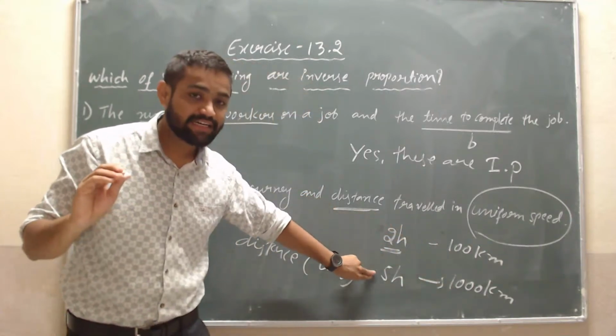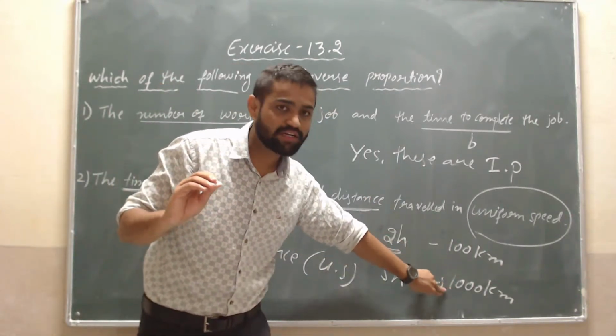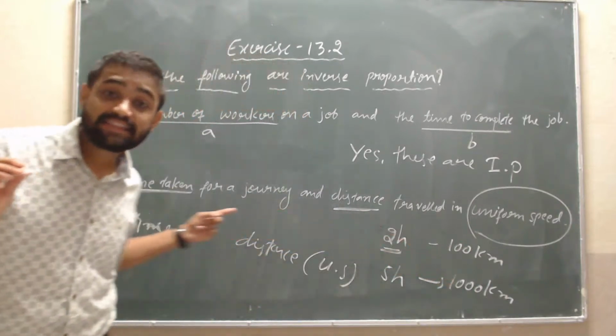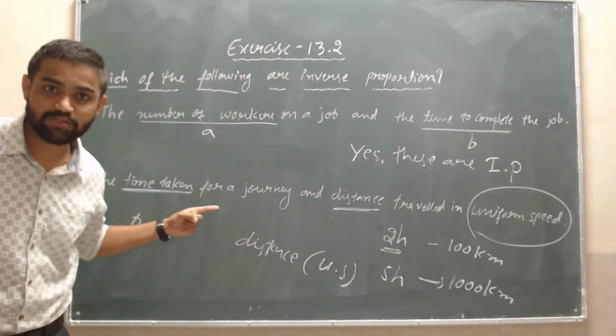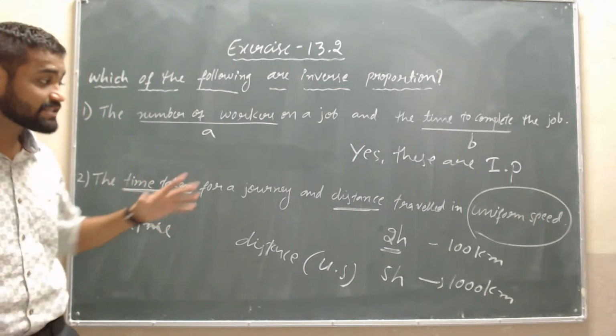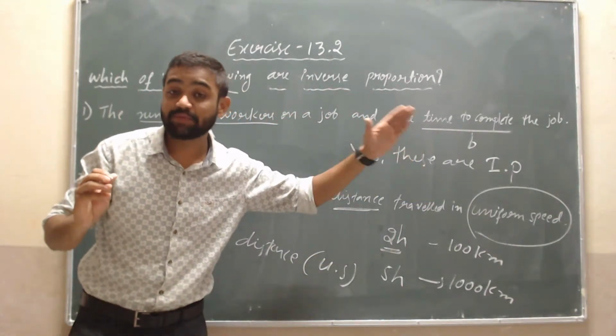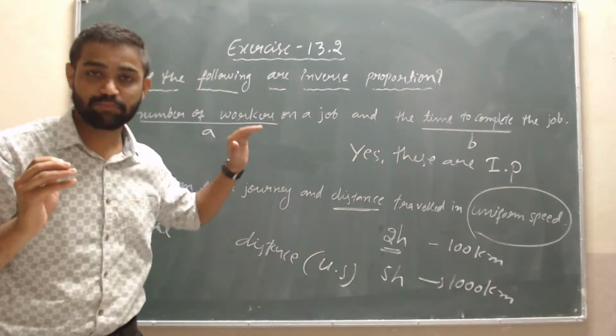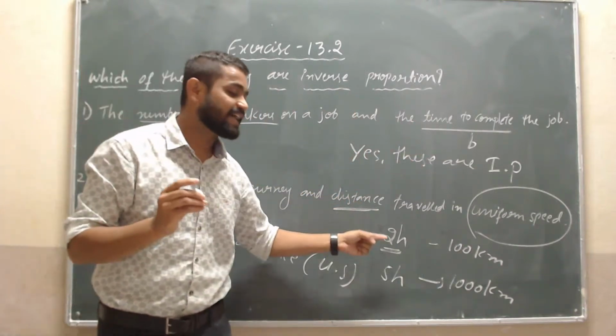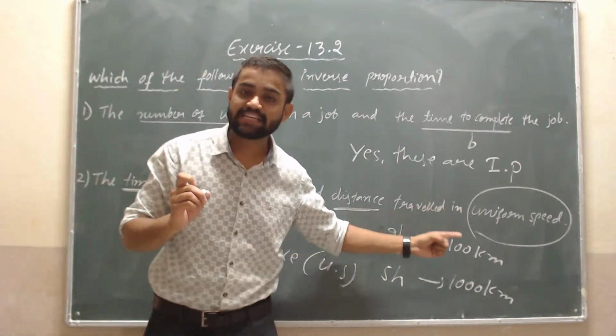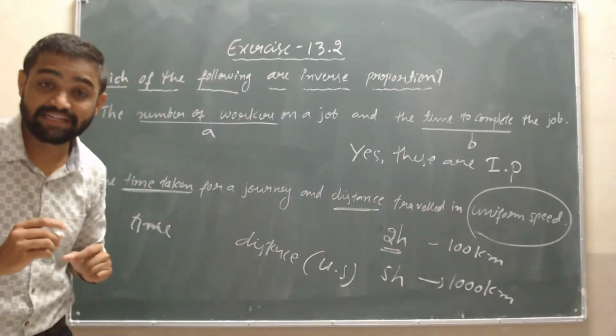Now we can say that this statement is not inversely proportional. Why, sir? Because for inverse proportion, as one quantity increases, the other quantity must decrease. But here the time is increasing and the distance is also increasing, students.